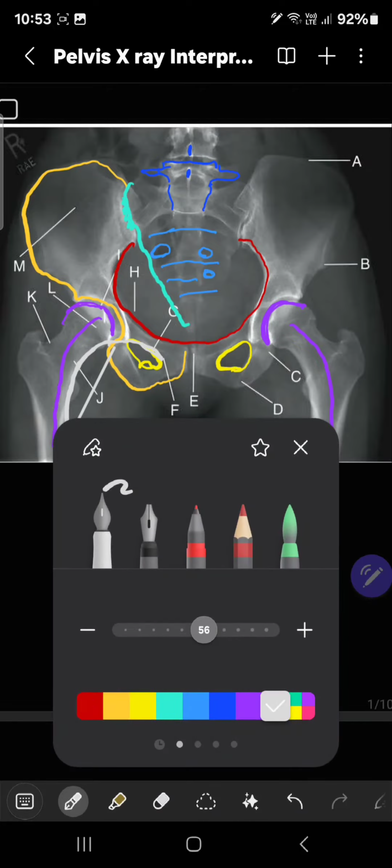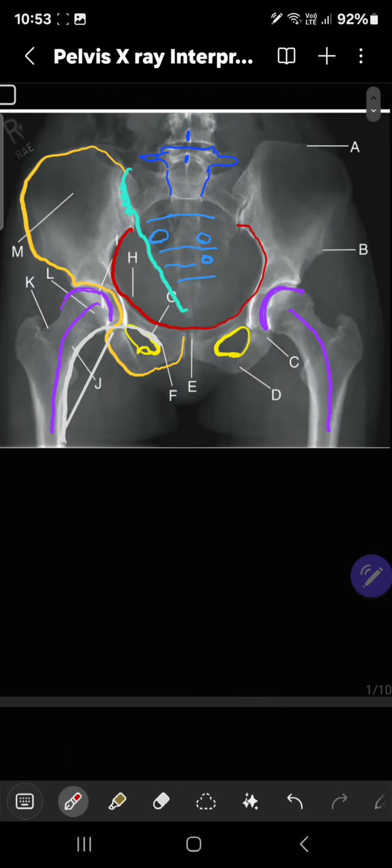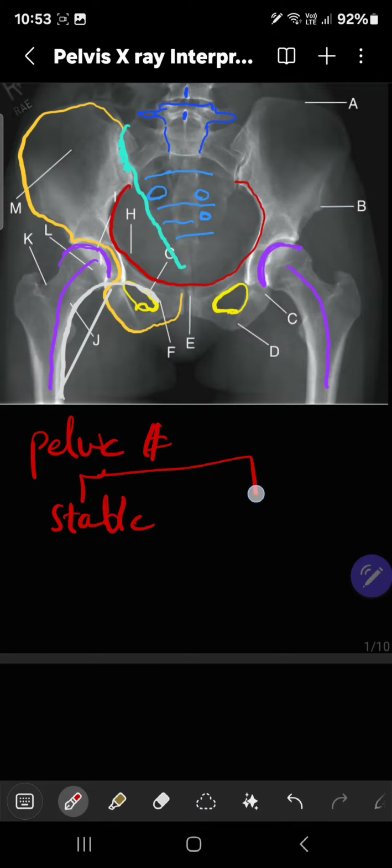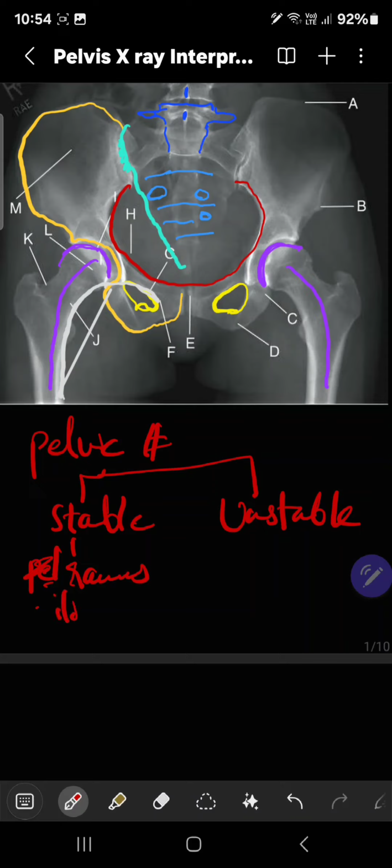Now let's move on to the different types of pelvic fracture. Normally, pelvic fractures can be divided into stable and unstable fractures. In the stable fractures, you can see a ramus fracture, inferior and superior ramus fracture, or an iliac wing fracture.